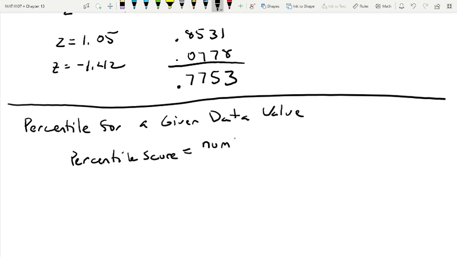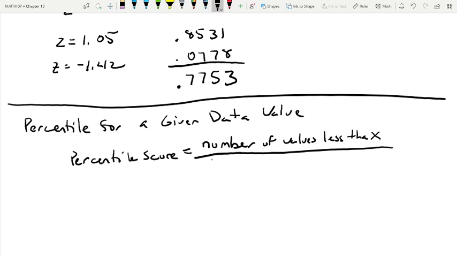So it's the number of values less than X, divided by the total number of values, and then multiply that by 100, and you get 8%.